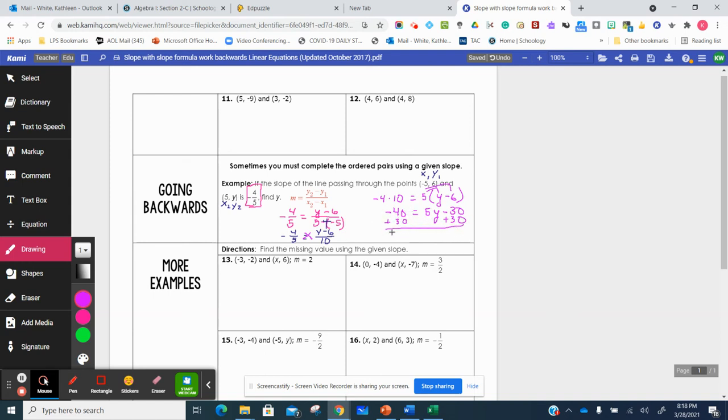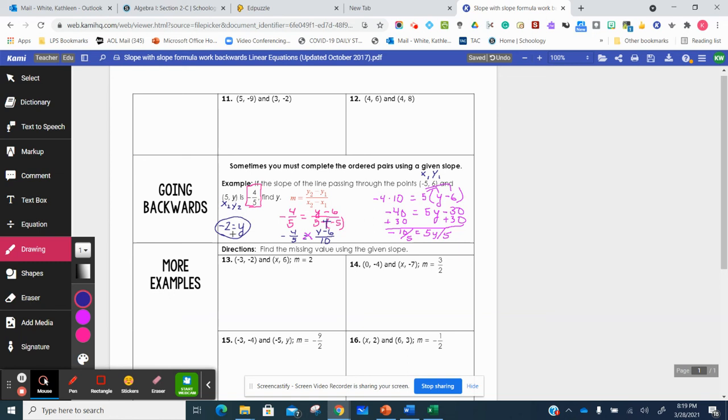And when I do that, I get -10 is equal to 5y. Divide by 5. And my solution here, let's use a good color, blue. Let's go with blue. My solution here is going to be -2 is equal to y.